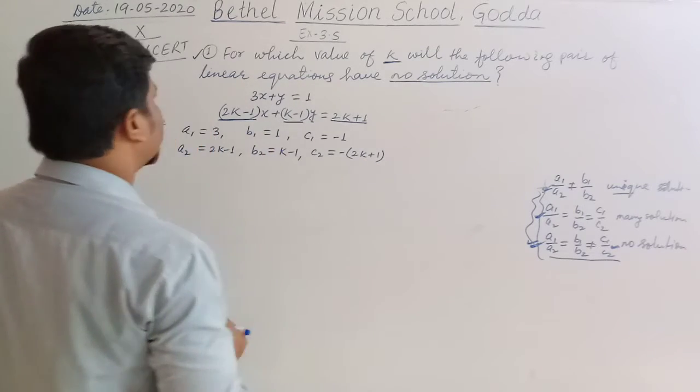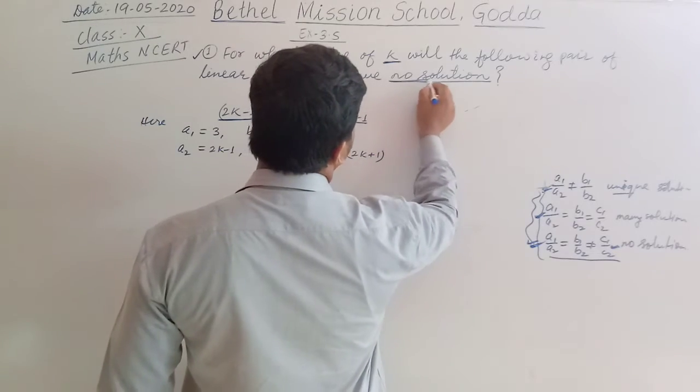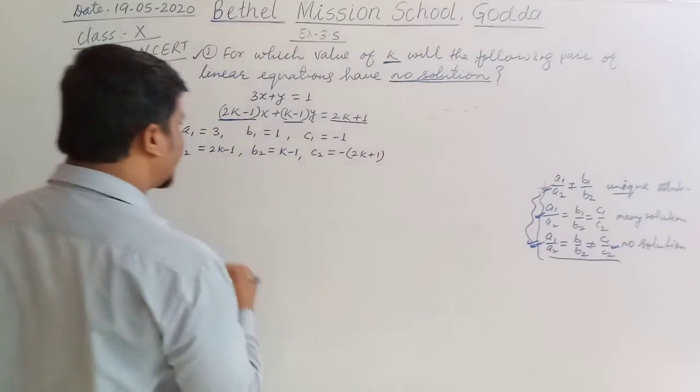Now it is saying there is no solution. So for no solution we will use this property.